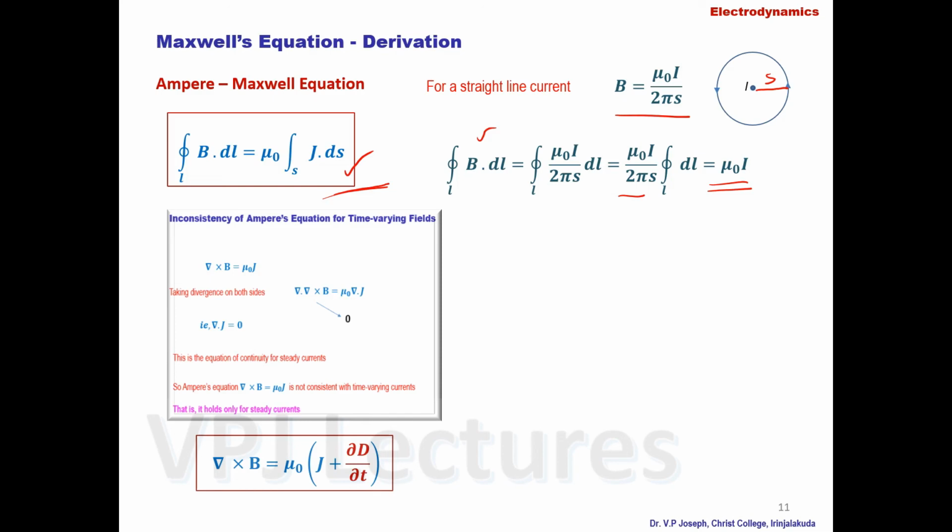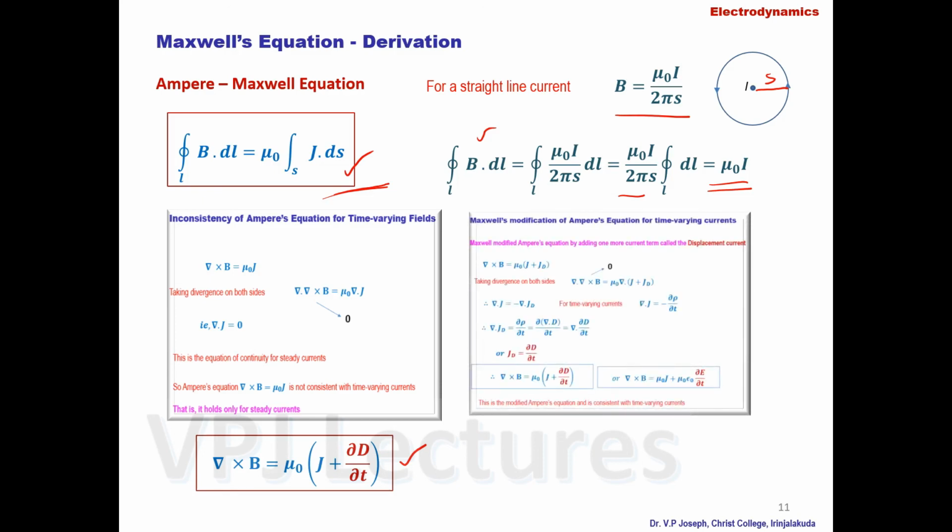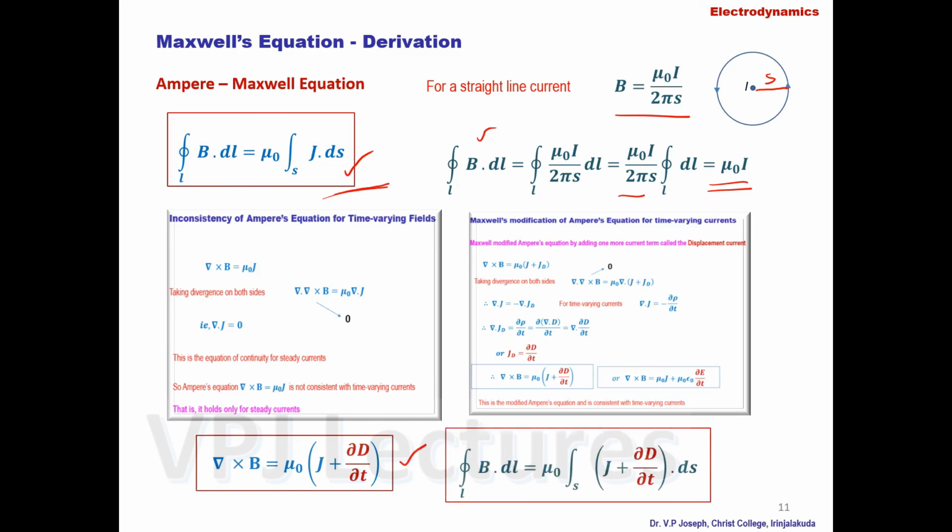Then check the inconsistency as we have explained in the initial slides of this lecture, and a part is given here, and we get this equation as del cross B is equal to mu 0 into J plus dou D by dou t. Its integral form also is given. So this is sufficient as the proof for the last equation.